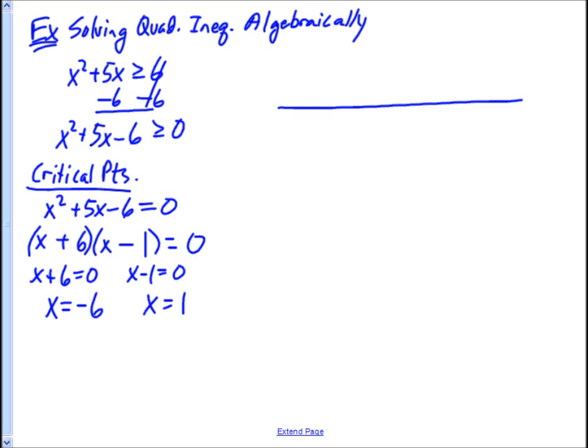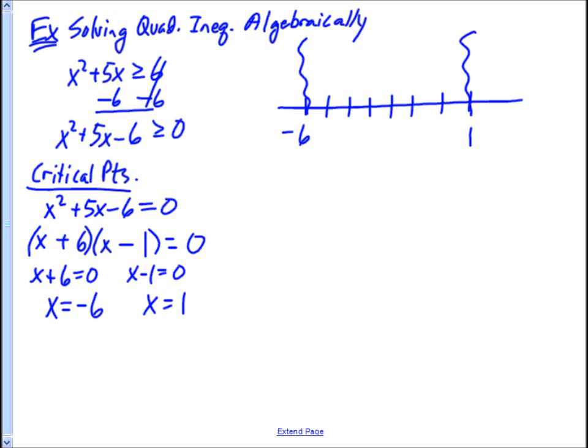So I'm going to put those on a number line. Negative 6 and 1, okay? And then the question becomes, well, when I'm looking at this negative 6 and 1, I'm going to test to the left of this negative 6. Okay, so this is kind of a division area. This is a division area, these testing points.